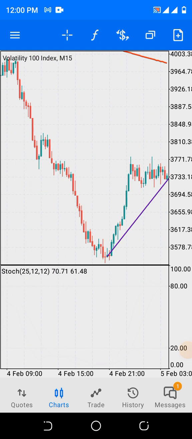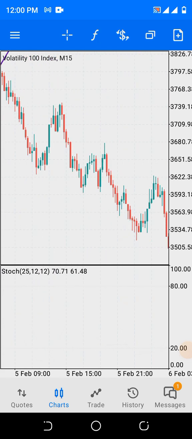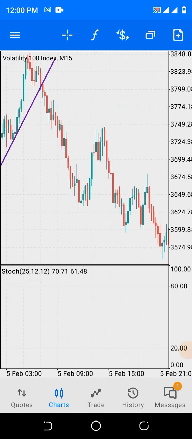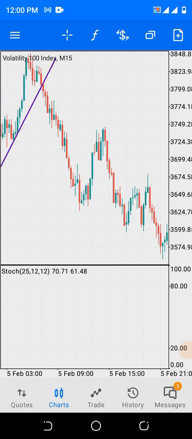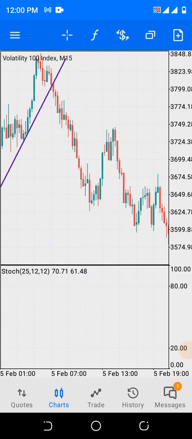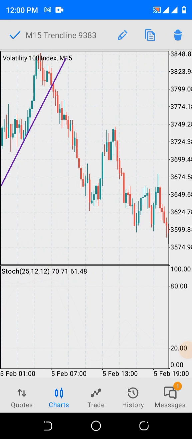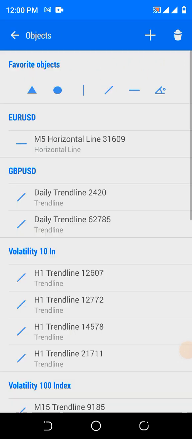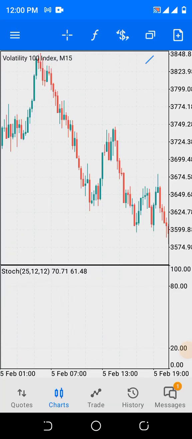Now the most important thing is that you must focus on the trending of the market. Now this is another approach. You use these two lines to establish the trend.